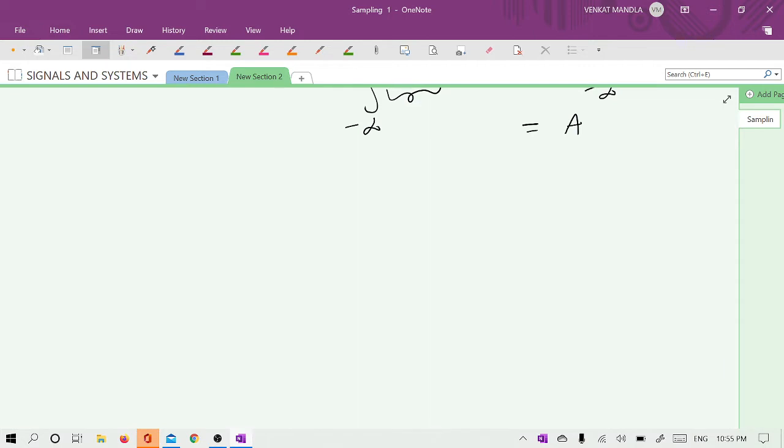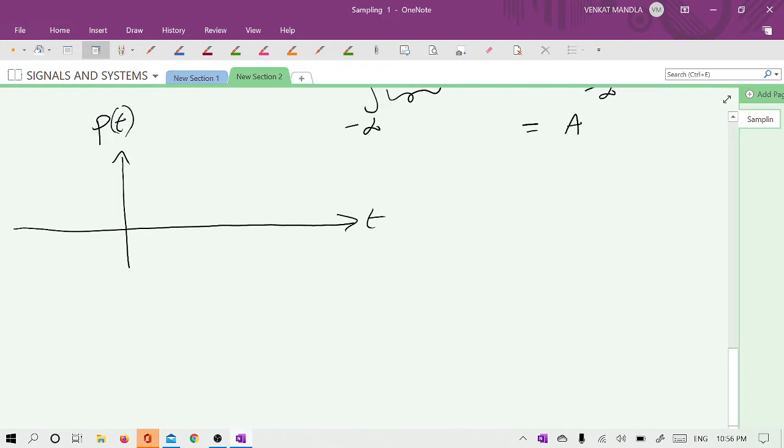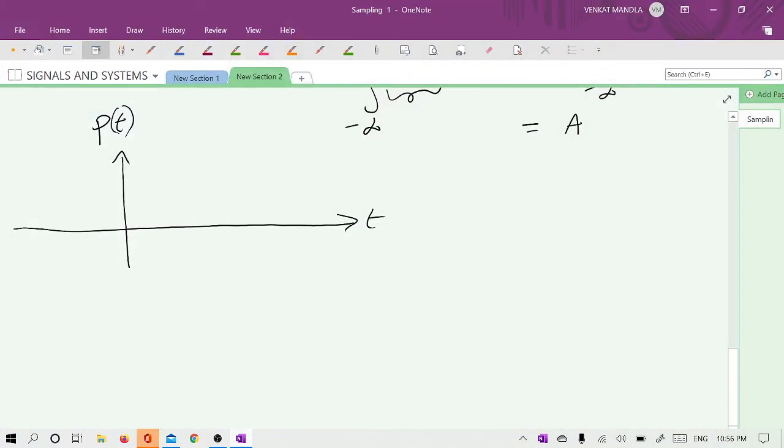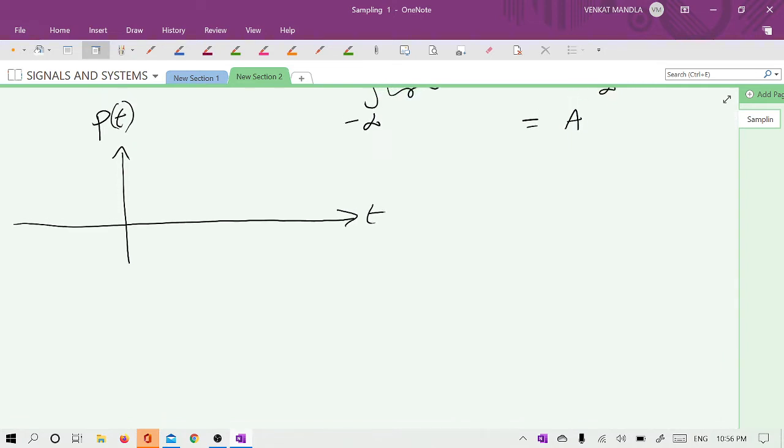So I will take the impulse train in time domain, let us say p of t, with impulses at 0, Ts, 2Ts, 3Ts, and so on, and minus Ts, minus 2Ts, and so on.